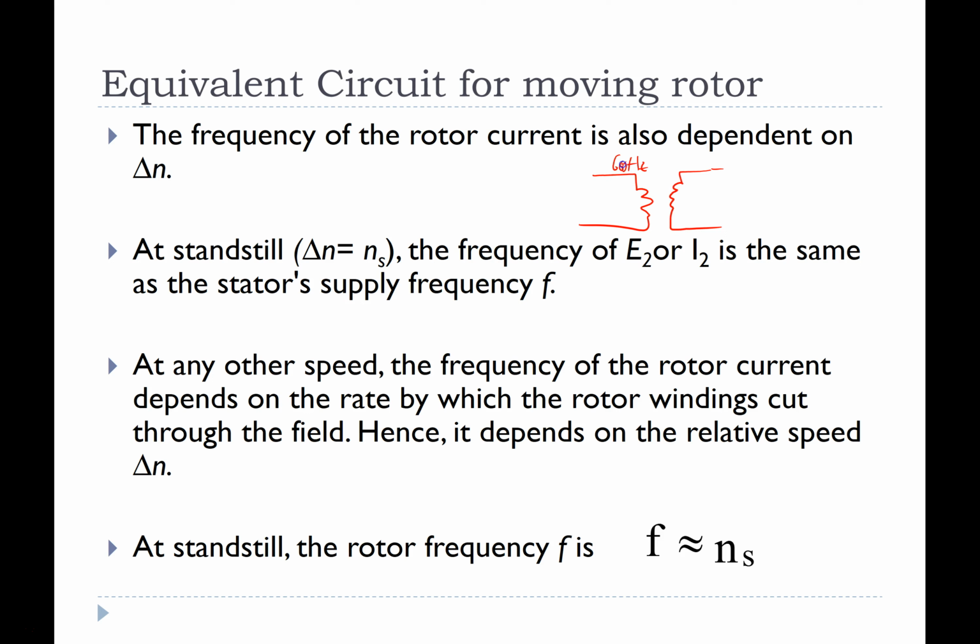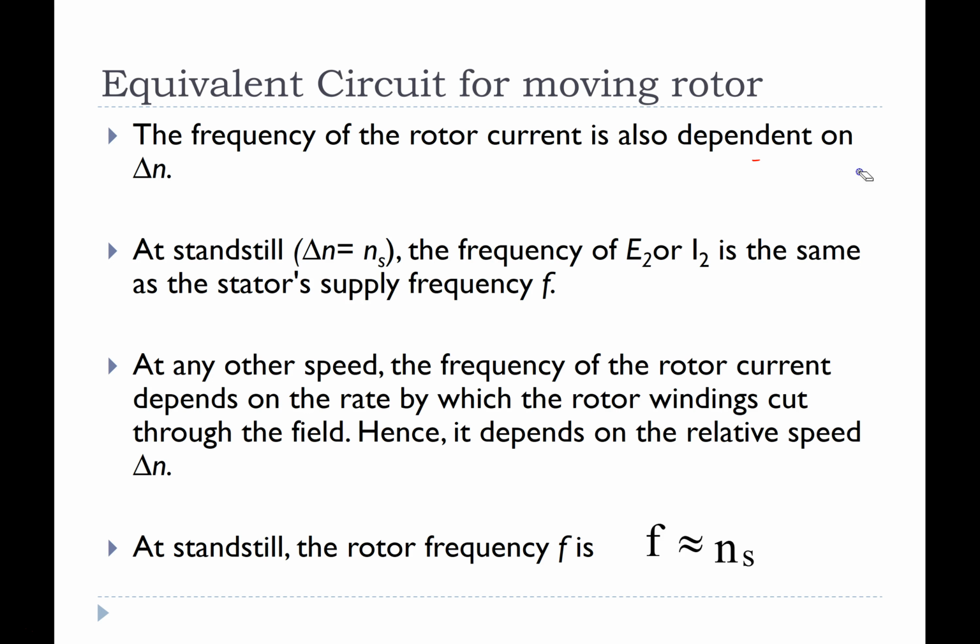So if I had the rotor turning at, say, 50 Hertz, then I would just get a 10 Hertz current induced, because that would be the difference, the relative motion between the stator field and the rotor winding.